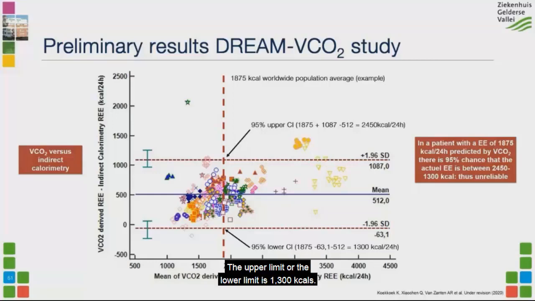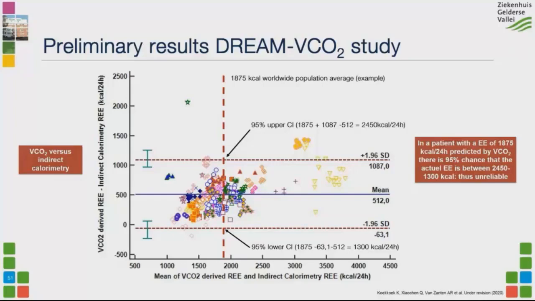The lower limit is 1300 kcals. So in other words, when a patient is having an energy expenditure of 1875, the VCO2 will give you a reading ranging from 1300 to 2450 kcals. So that is a really big range.